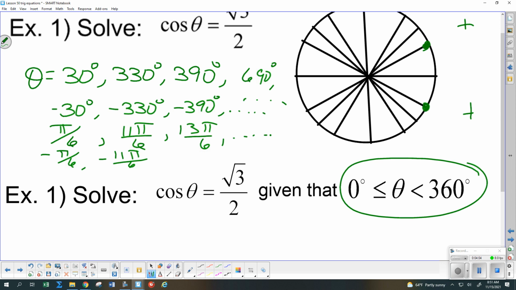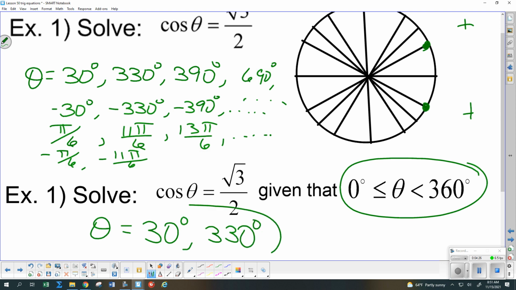They could do between 180 and 360 degrees. They could do radians. They could do whatever they want on it. So we just have to look at it and say, well, which ones are within that range? And for this one, since it's degrees, positive direction, once around the unit circle, we would simply say the 30 degrees and the 330 degrees, and that would be our answer.